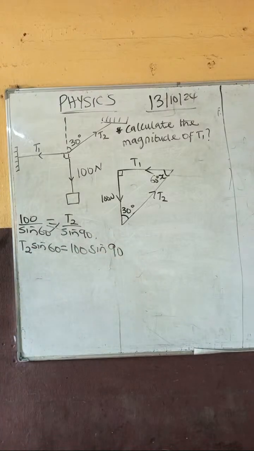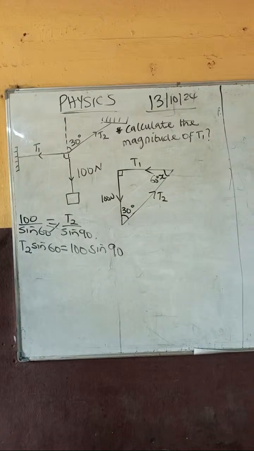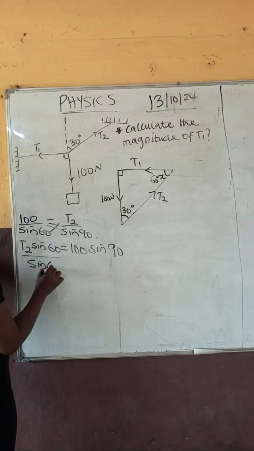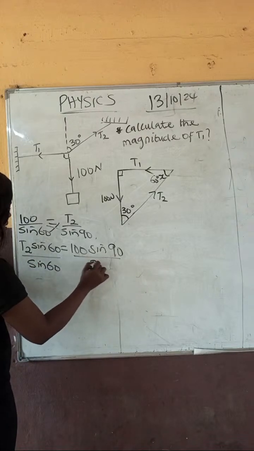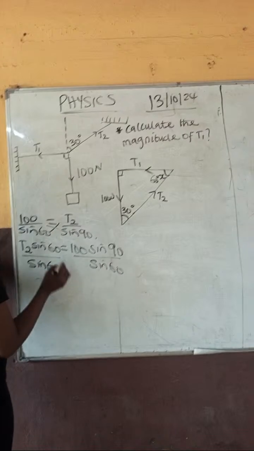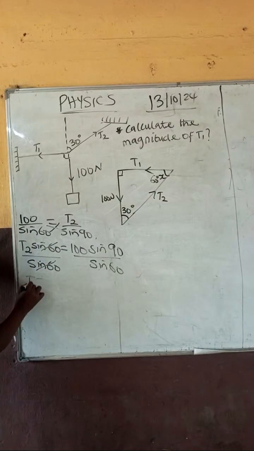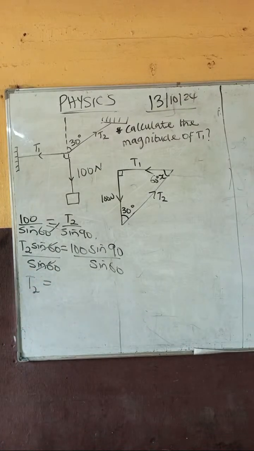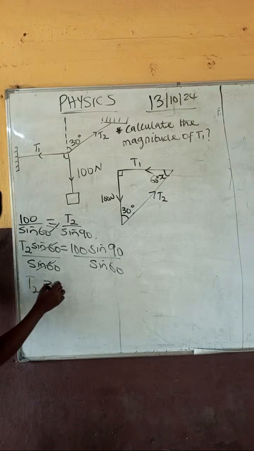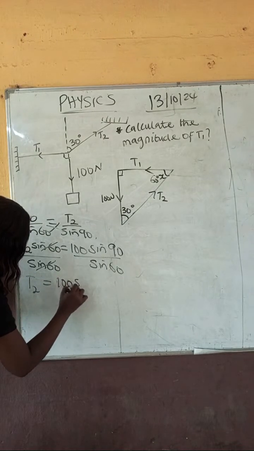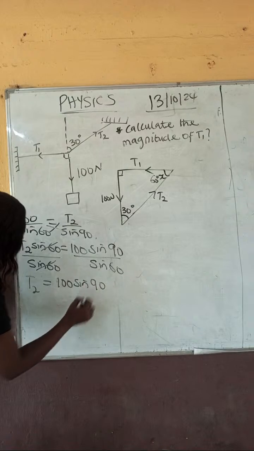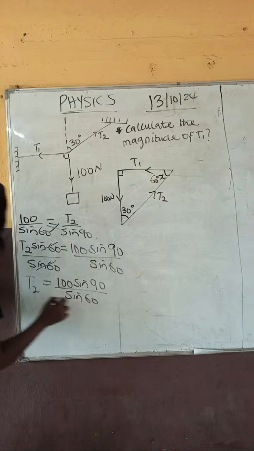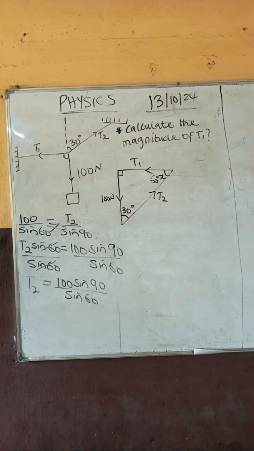Okay. So we are going to divide both sides by sine 60. This cancels this. I have T2 is equal to 100 sine 90 divided by sine 60.